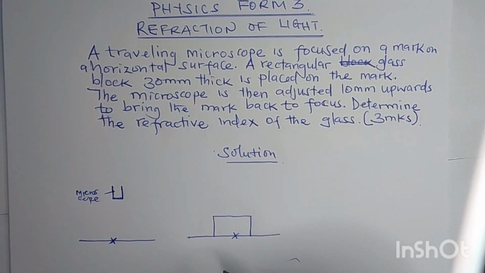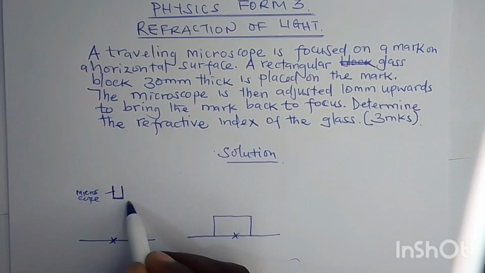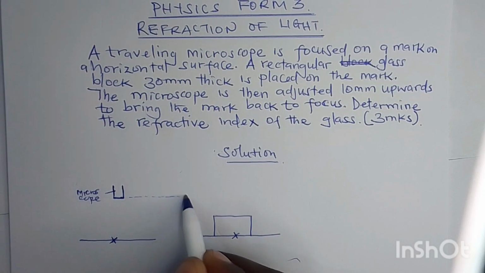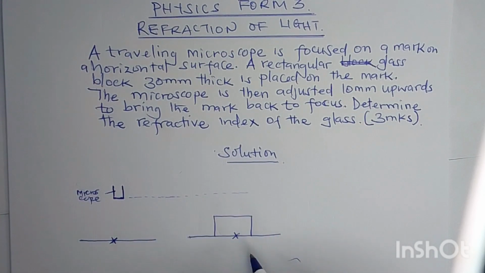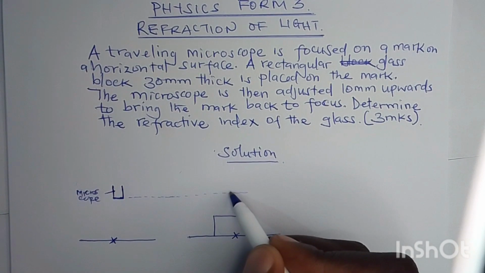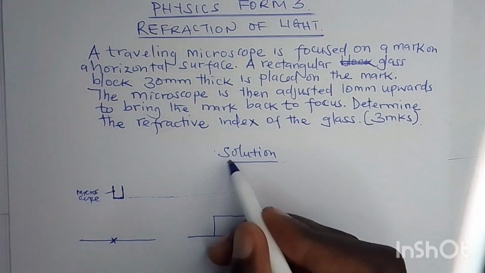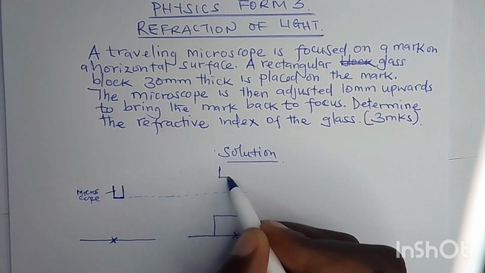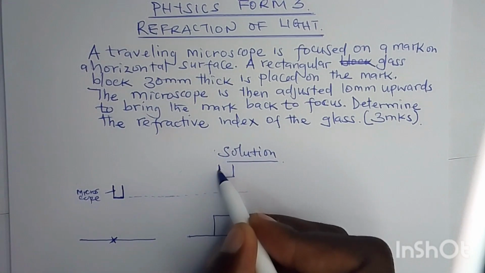When that is done, the microscope is then adjusted 10 millimeters upwards. So instead of the microscope being along this line, the image of this was not brought to focus on the microscope. So the microscope had to be moved upwards. Suppose let's assume it was moved to this point.